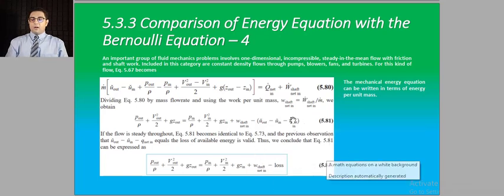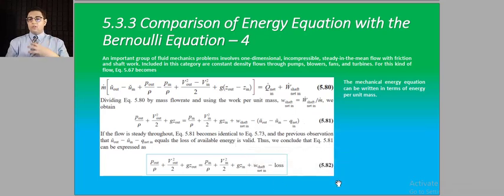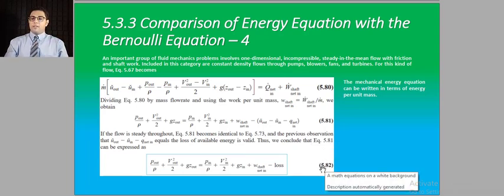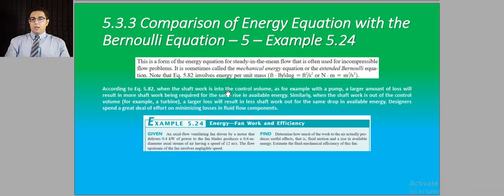The losses are calculated, and total energy equation is gained as equation 5.82 per unit of mass. Guys, as long as we have a work or we don't have a work, there are some losses. It depends how it's getting acted in, whether work is done on the system.